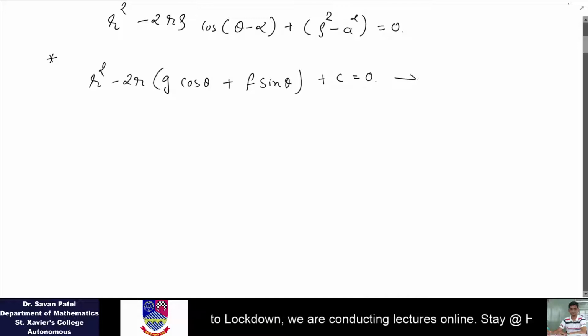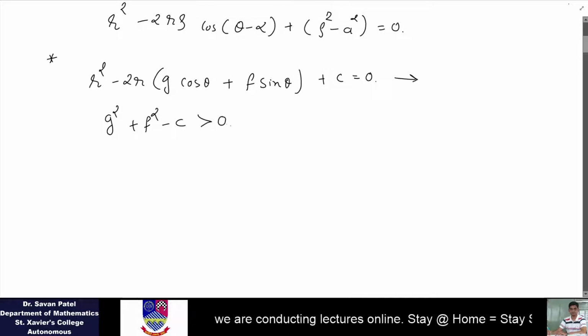And when it represents a circle, as in Cartesian, here also we have a condition: g square plus f square minus c must be greater than 0.